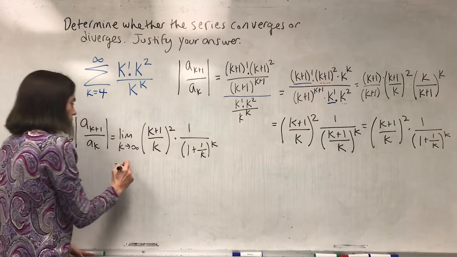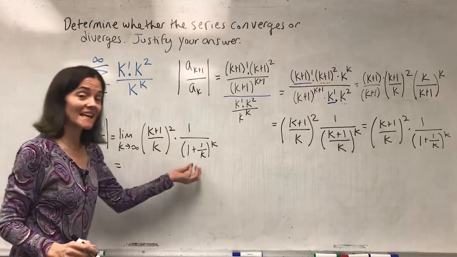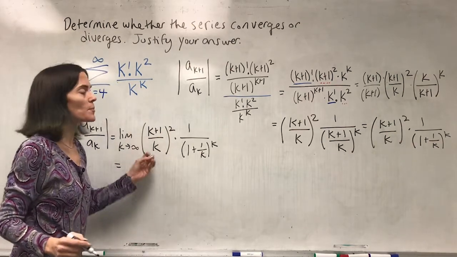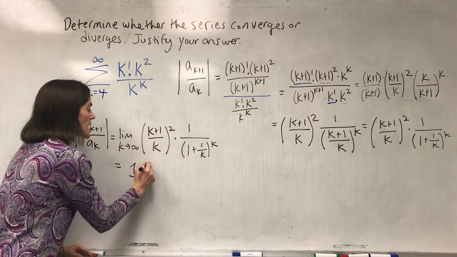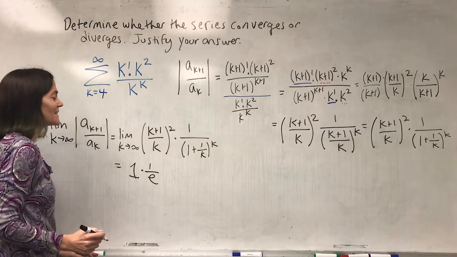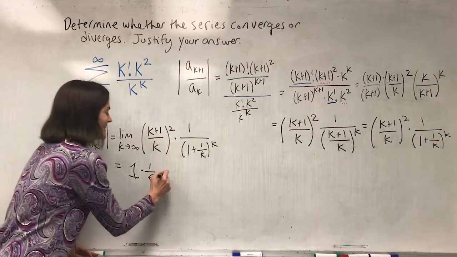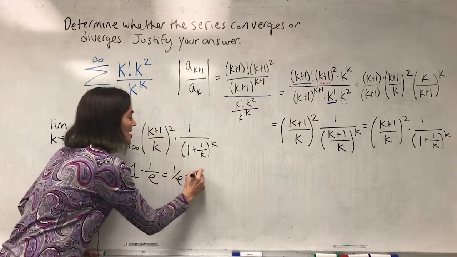And this, we know if this limit exists, and if this limit exists, then the limit of the product you can multiply. So this would be 1 times 1 over e. This is 1 over e, which is less than 1.